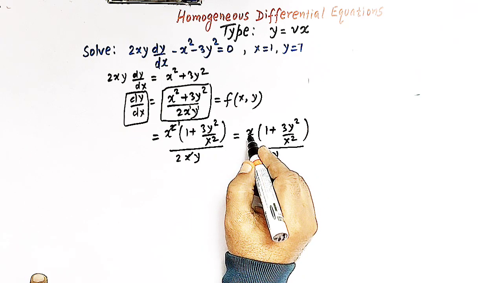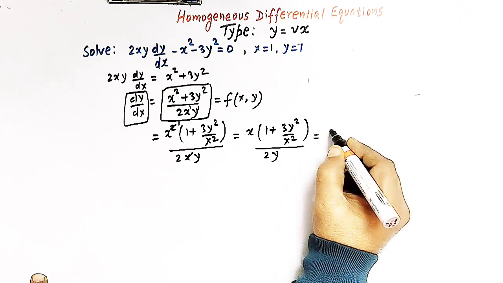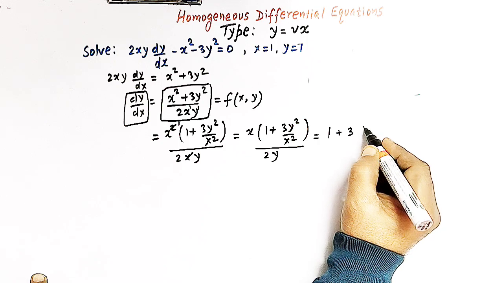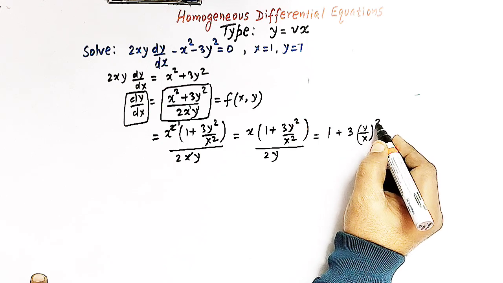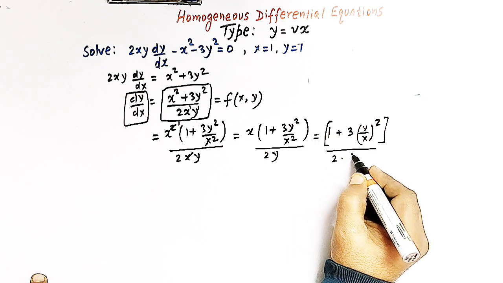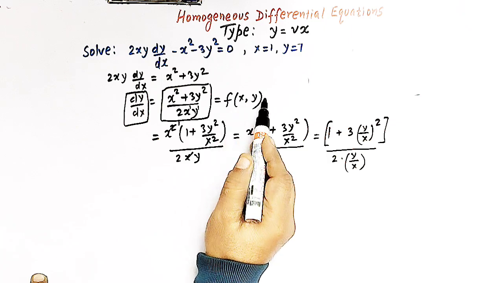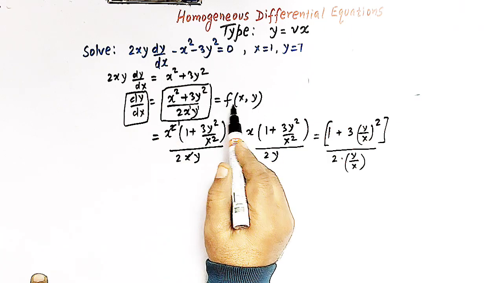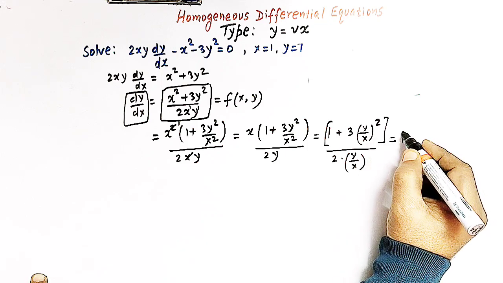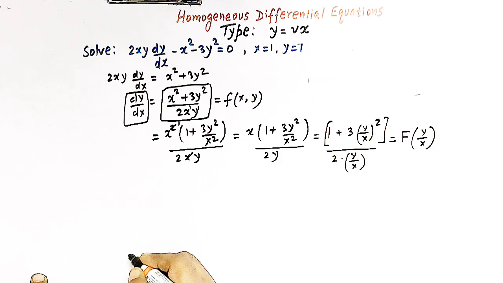Now taking this x to the denominator of 2y, we can now write this expression as 1 plus 3 times y over x square, and then 2 times y over x, right? So now we have converted this function f of x comma y like this, and this is a function, say F of y over x, right?